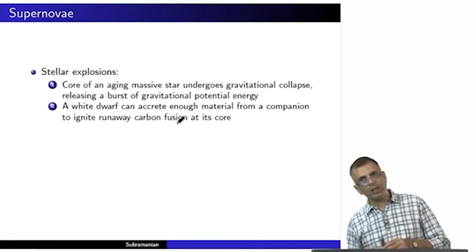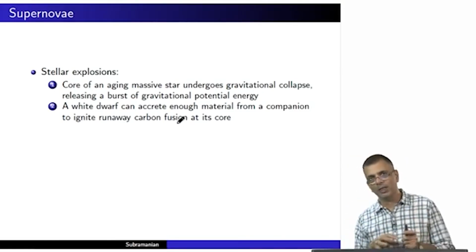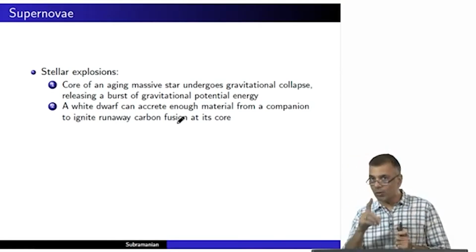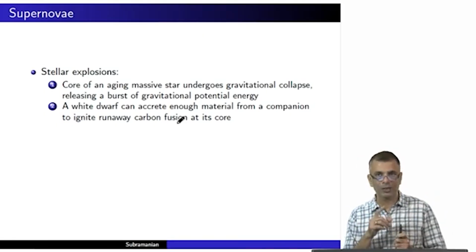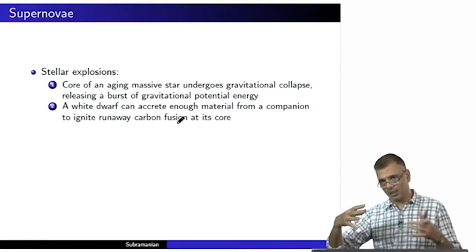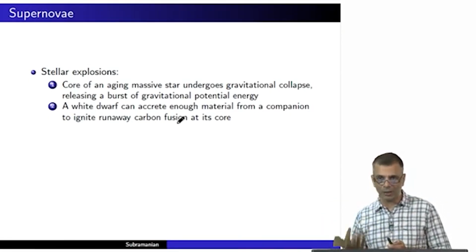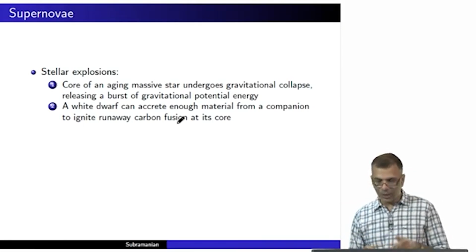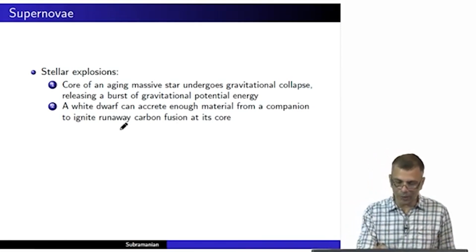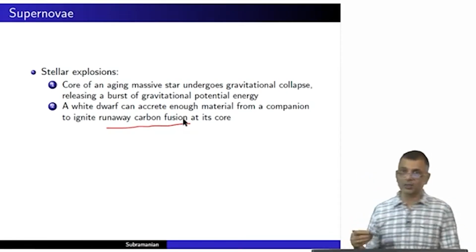Okay, but that's because the density and temperature at the core of the sun is conducive only for that particular fusion reaction to happen. However, if the density at the core of the sun increased beyond a certain critical threshold, then it could ignite runaway carbon fusion. Okay, so heavier elements will start getting fused.